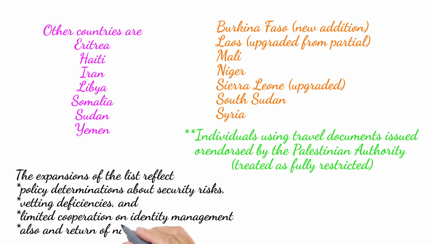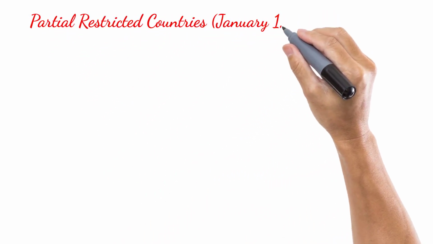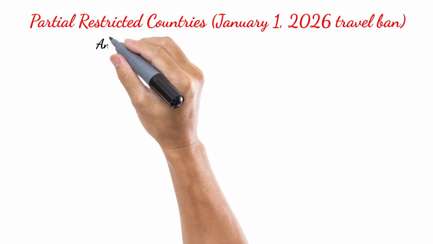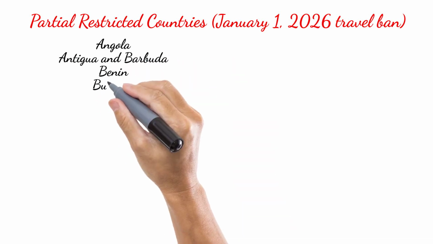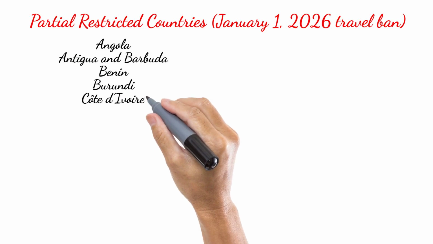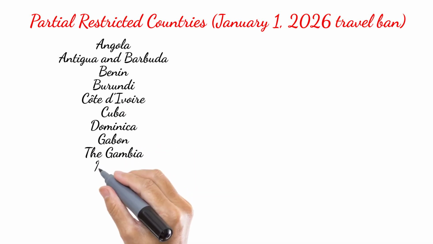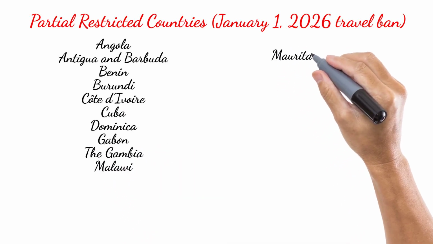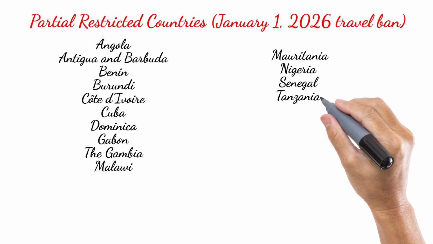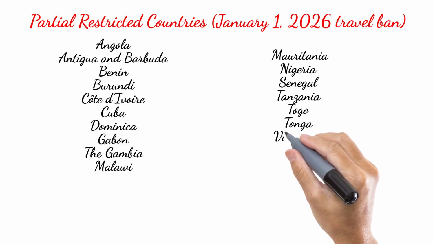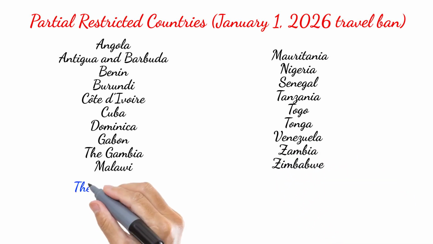return of nationals. The list of countries subjected to partial restrictions under the U.S. travel ban effective January 1, 2026 are Angola, Antigua and Barbuda, Benin, Burundi, Côte d'Ivoire, Cuba, Dominica, Gabon, the Gambia, Malawi, Mauritania, Nigeria, Senegal, Tanzania, Togo, Tonga, Venezuela, Zambia, Zimbabwe.